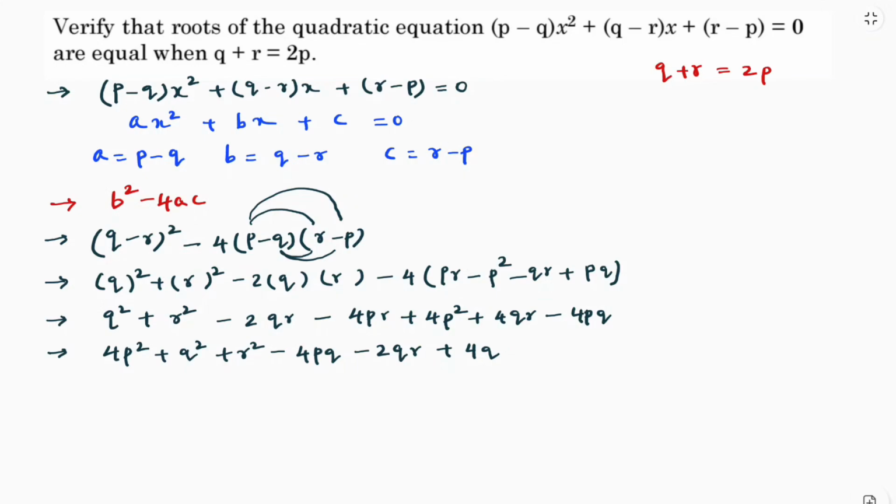Sorry, here qr minus 2qr plus 4qr, so it will be plus 2qr. And minus pq. See, this term is done. pq is done. And qr is done. Now pr is left. So minus 4pr.